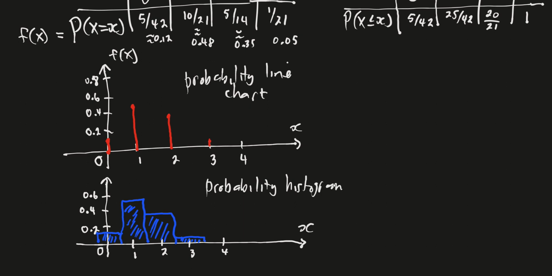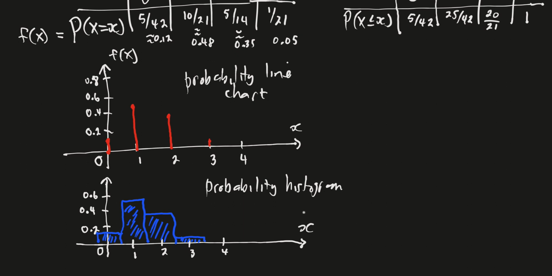And you might wonder, like, why do we have two? Well, they're both simple graphs, but the thing I like about the probability histogram is what I just said, that the area of this rectangle is exactly the probability that my random variable is equal to 2, right?